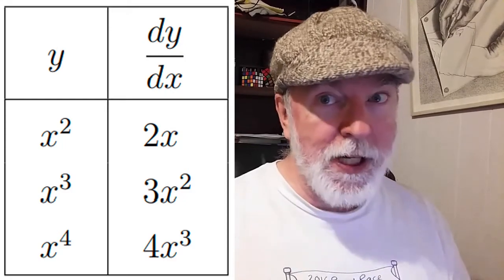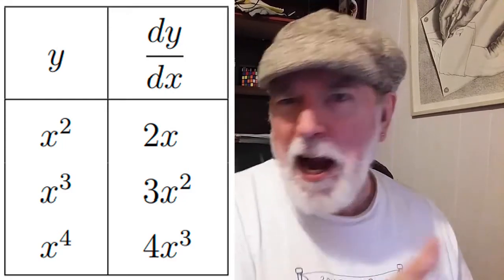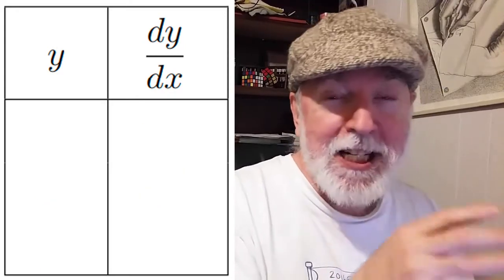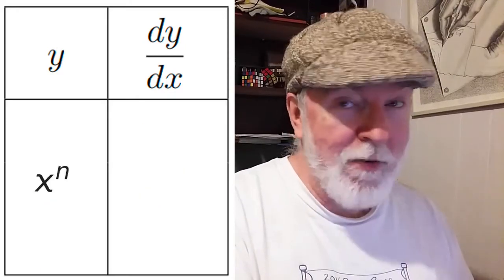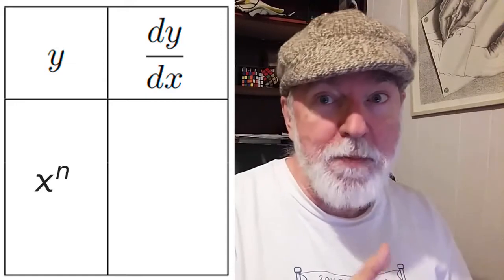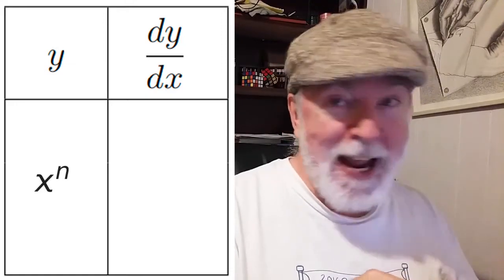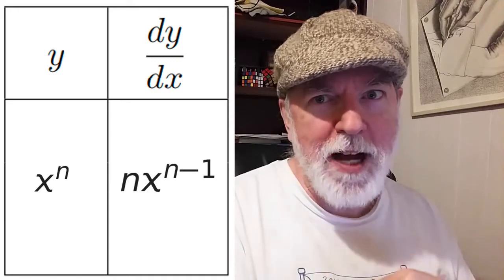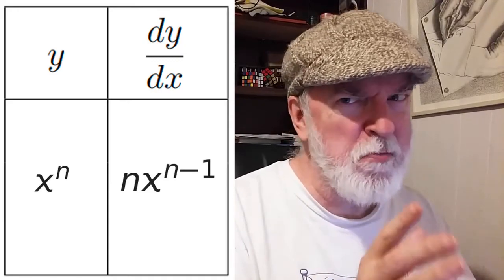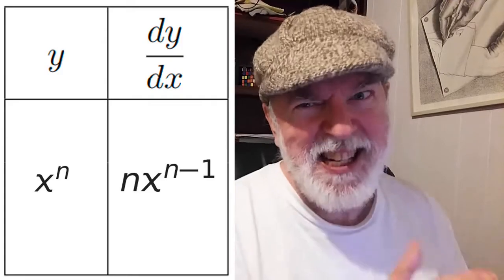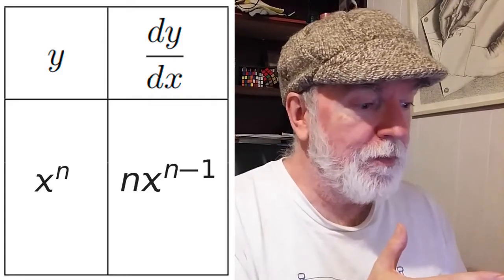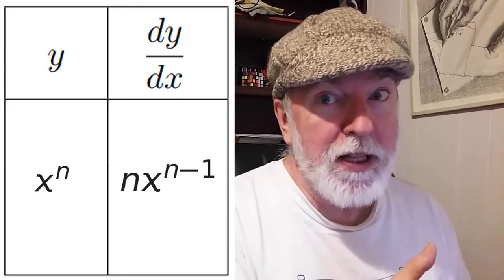And do we see a pattern in this? I'm going to conjecture that for x to the power of something, when I want to find dy by dx, it is x to the power of something minus 1, but all times the something. And we rewrite that with n's. And we seem to have a general rule, and we're going to run with that.